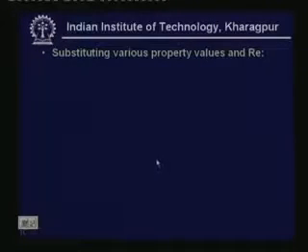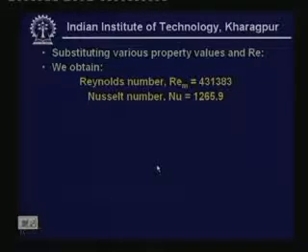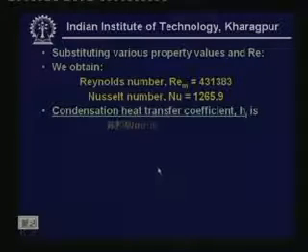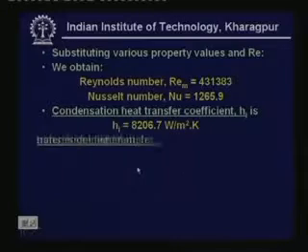Substituting various property values and Reynolds numbers, we find that the modified Reynolds number is 431,383, the Nusselt number is 1265.9, and the condensation heat transfer coefficient hi is 8206.7 watt per meter square Kelvin. So that's how we have found the condensation heat transfer coefficient.